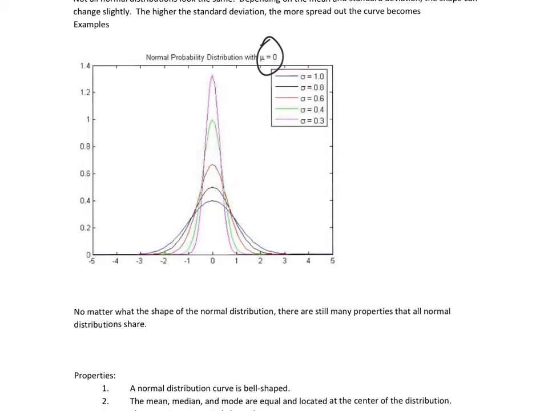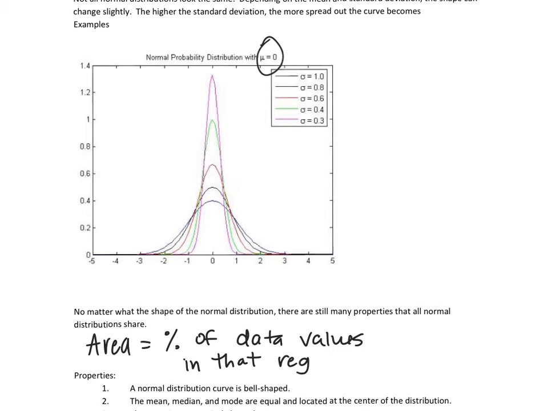One of the biggest ones is that the area under all of our normal distributions is the percent of data values in that region. When we're looking at what this means, I have my density curve here, and we have our mean in the middle.